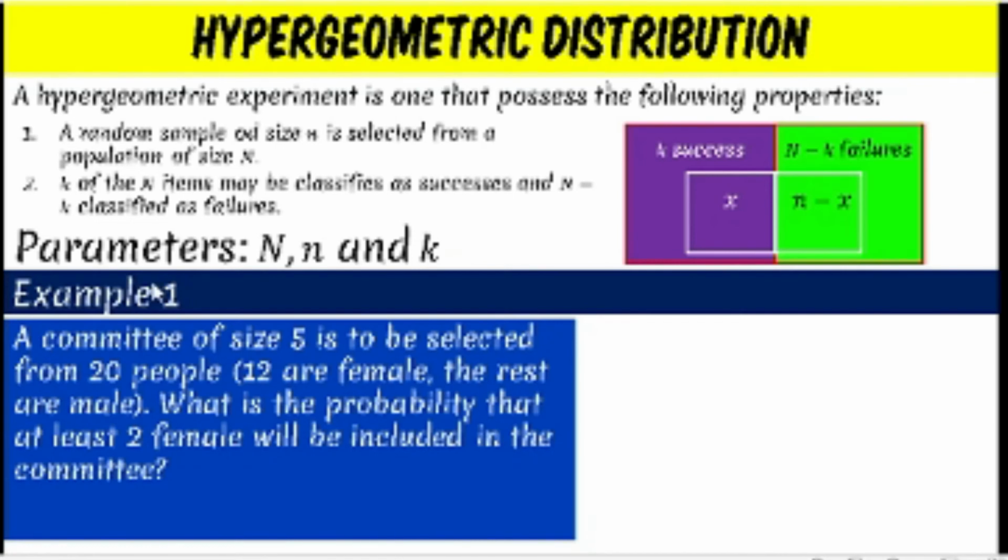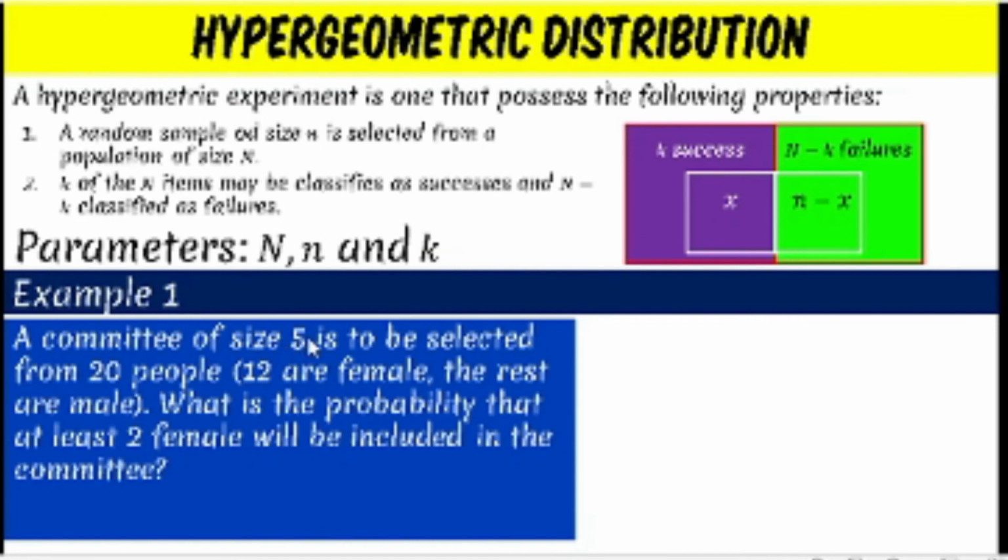So to give you an idea of an experiment that would integrate our hypergeometric distribution, let's have this one. A committee of size 5 is to be selected from 20 people. Of those 20 people, 12 are female and the rest are male, meaning there are 8 males in our population. Now we want to form a committee of size 5.